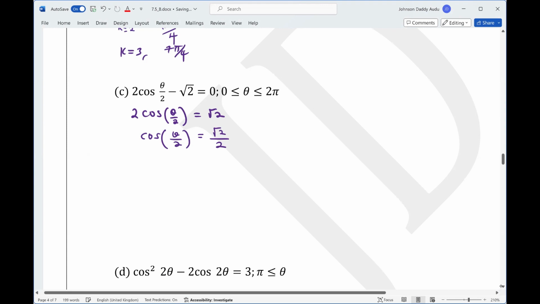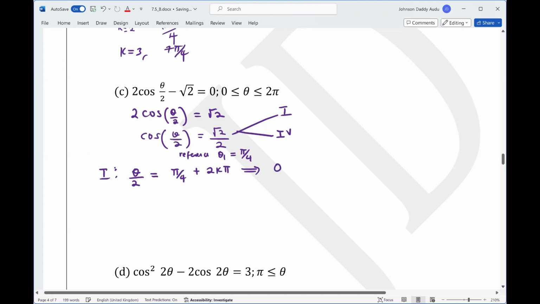So how do you treat this? Treat this as usual, either in the first or in the fourth quadrant. So if you are in the first quadrant, we know the reference, right? What should be the reference? Theta 1 is going to be pi over 4, right? So it means that if we're in the first quadrant, our theta over 2 is still going to be pi over 4 plus 2k pi. And now, what does that mean?